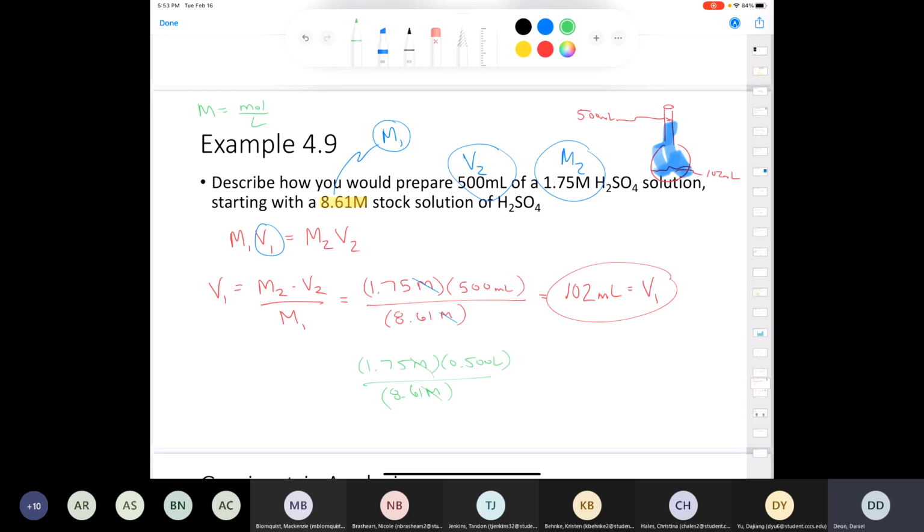You're still going to end up with the right answer, but now you'd end up with the answer in liters instead of milliliters, right? You'd end up with 0.102 liters, but then you'd have to convert that to milliliters. You'd have to multiply by 1,000 milliliters per liter. So by leaving milliliters in here, you're perfectly safe, and you can skip a step, right? You don't have to do an extra calculation for nothing there.